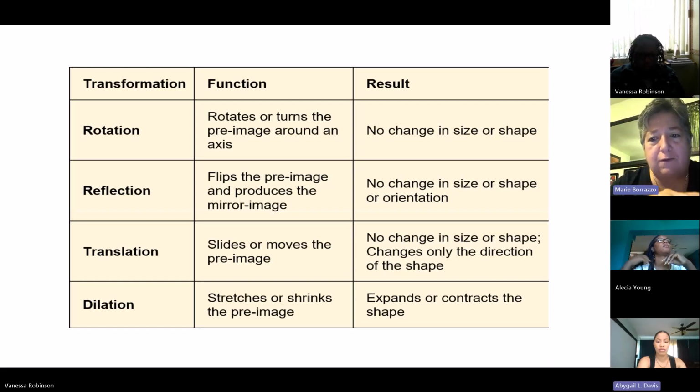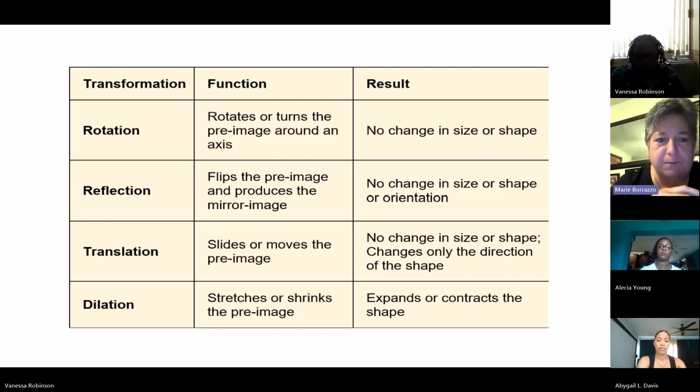There's no change in size or shape. The translation slides or moves the pre-image in the same direction, with no change in size or shape or in the direction of the shape. And the dilation is a stretch or shrink, which expands or contracts the shape.